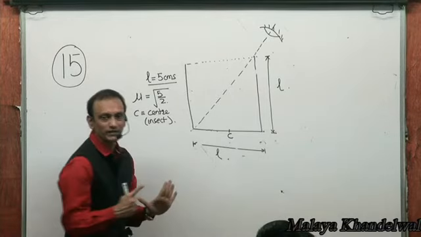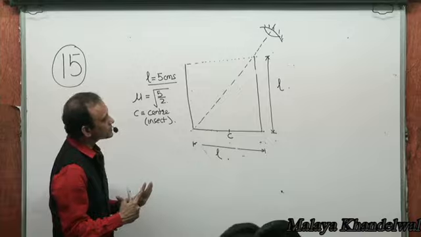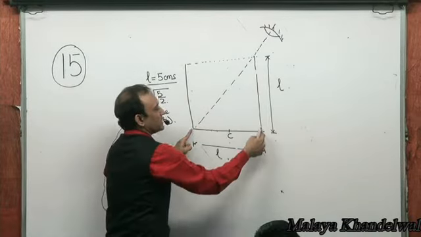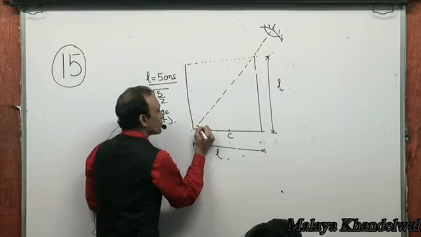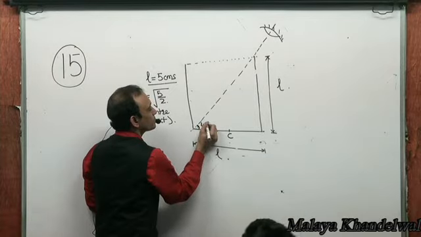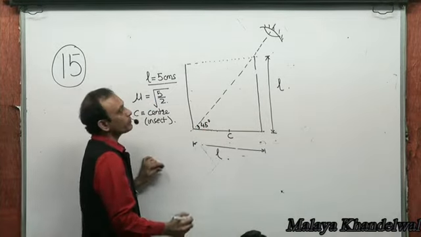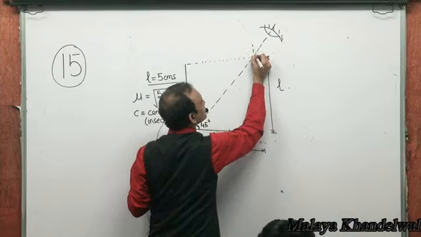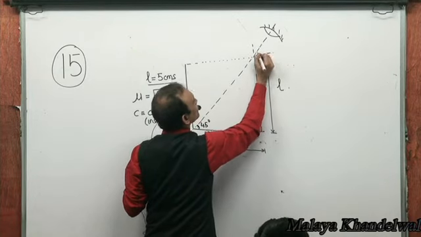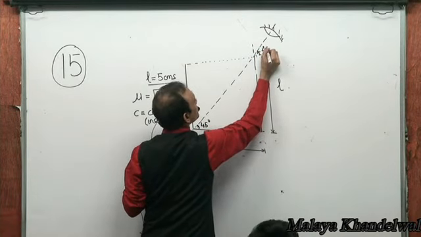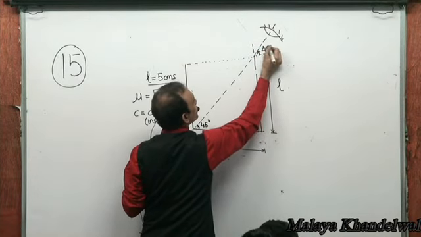Now, one thing for sure, some very simple things. This is L, so this must be 45 degrees, as you can see. This also is 45 degrees, corresponding angles, ordinary geometry.